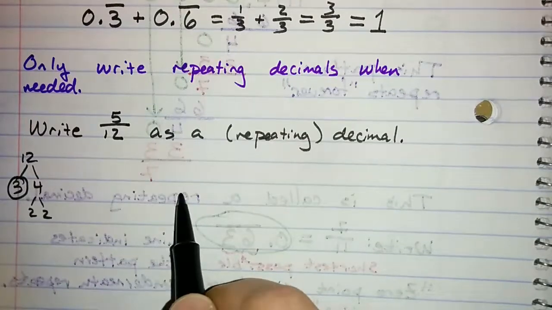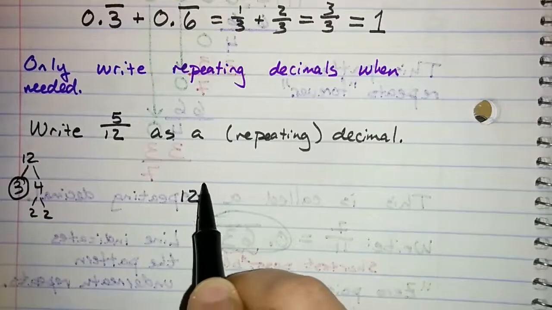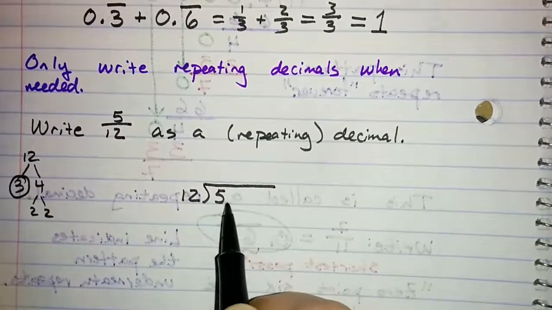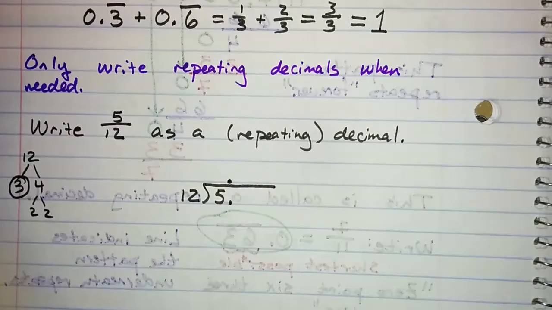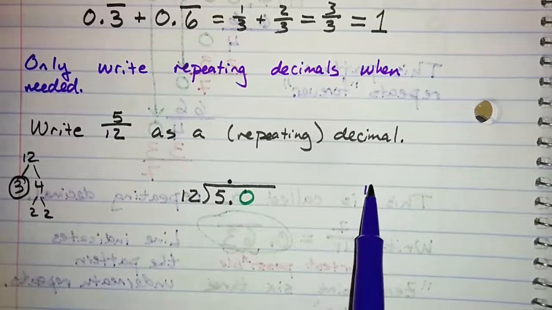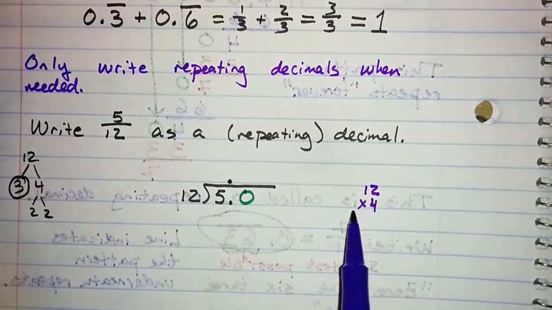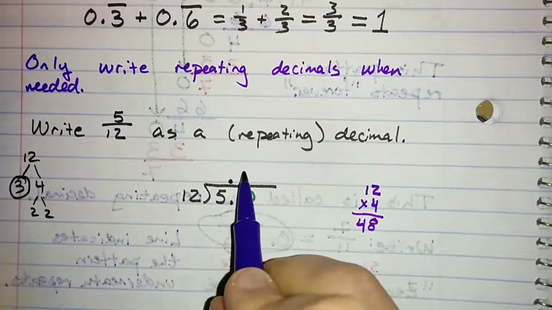All right, so we're going to divide 12 into 5 point. 12 doesn't go into 5 at all, so we'll add a 0 after the decimal point. 12 goes into 50, I think 4 times, since 12 times 4, that's 48.